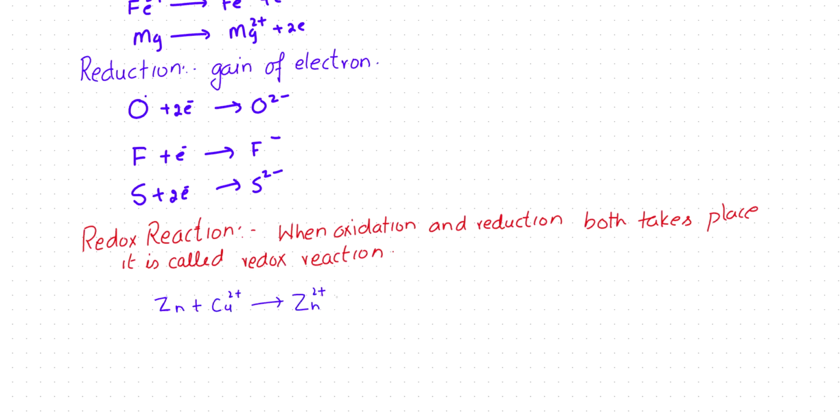In this, zinc is oxidized to zinc 2 plus. If you write the reaction, zinc after losing two electrons forms zinc ions. So this is oxidation. Copper 2 plus ion gains these two electrons. So Cu2 plus after gaining two electrons is reduced to copper atom. So this is reduction.